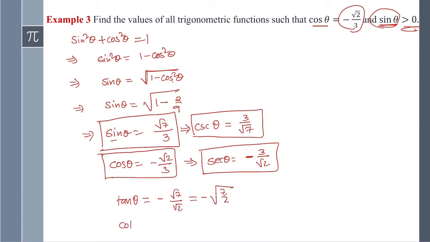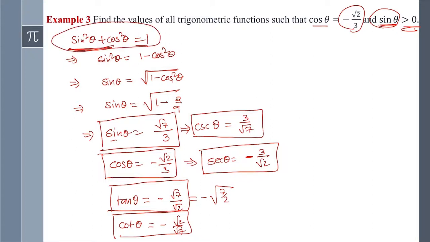Cotangent is just the reciprocal of tangent, which is negative square root of 2 over square root of 7, or if you want, you can put those together. So we got all 6 ratios. Once you know sine and cosine, the rest of them are easy. You can just use the reciprocal and the quotient identities. The challenging part is to find sine and cosine, and we use the Pythagorean identity right here to find them.